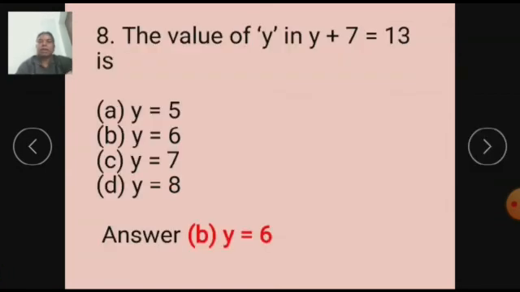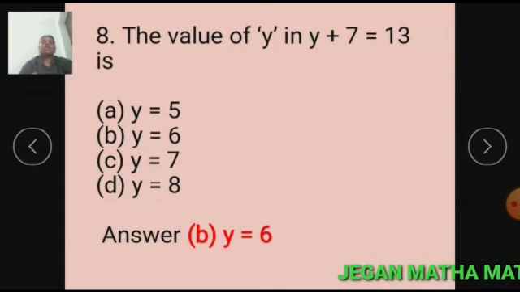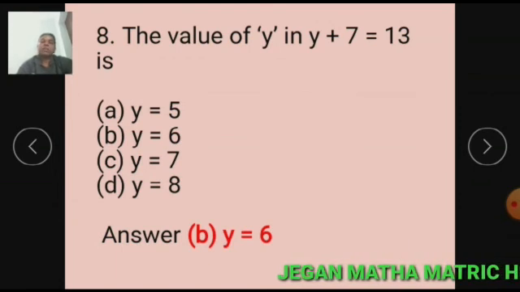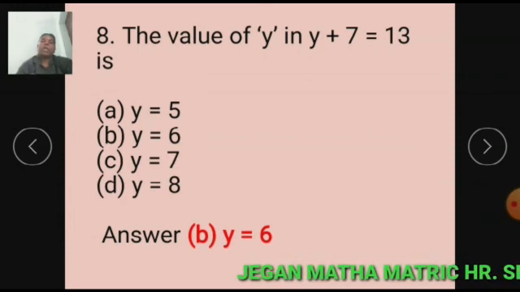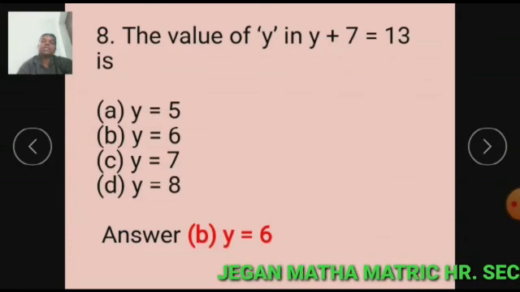Question number 9. The value of y in y plus 7 equals 13 is option A, y equals 5, option B, y equals 6, option C, y equals 7, and option D, y equals 8. The given algebraic equation is y plus 7 equals 13. From the equation we can find the y value. y equals 13 minus 7.